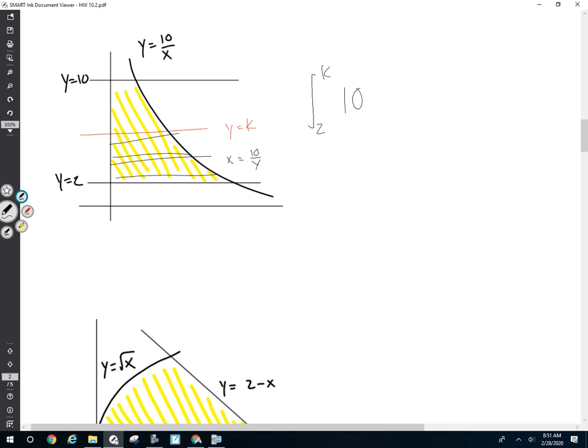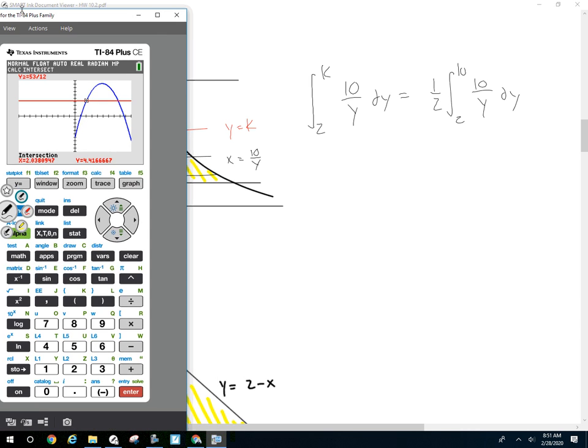So 10 over y is going to equal half of the overall area, which I'll write out like this and calculate right now. Or I could actually plug it into y equals. So yeah, let's do it. I have to get rid of the integral to be able to plug in k. 10 over y, 10 log y, from 2 to k. That's 10 log k minus 10 log 2.